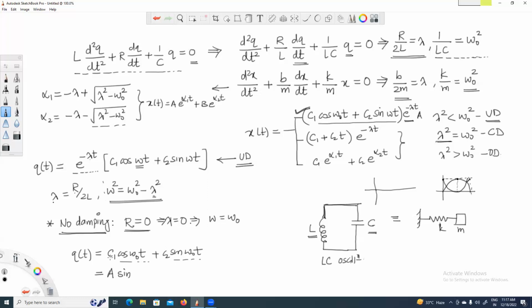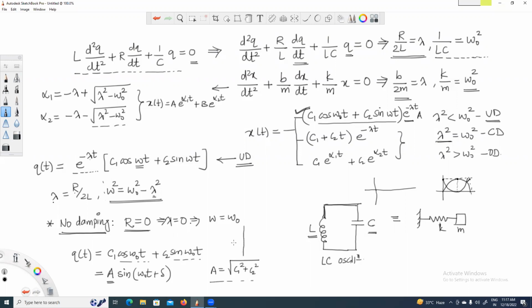If you put C1 equal to A cos of some delta and C2 equal to A sine of some delta, you can write this as A cos of omega naught t minus delta. I'll leave that to you. So you can write this as omega naught t plus a certain phase angle delta. And this A is the amplitude with which it will keep oscillating, equal to the square root of C1 squared plus C2 squared.